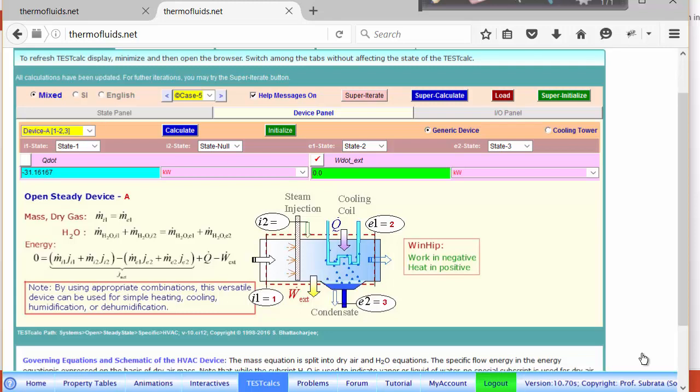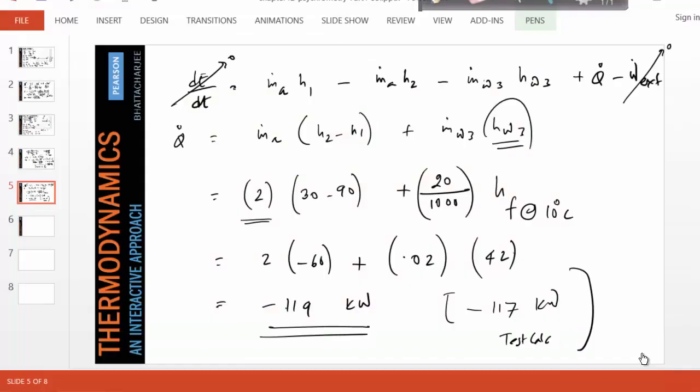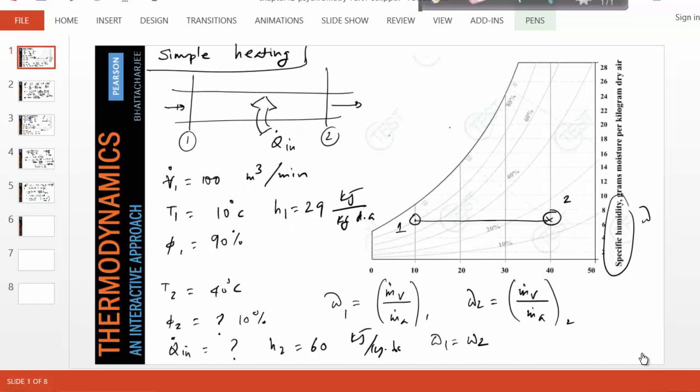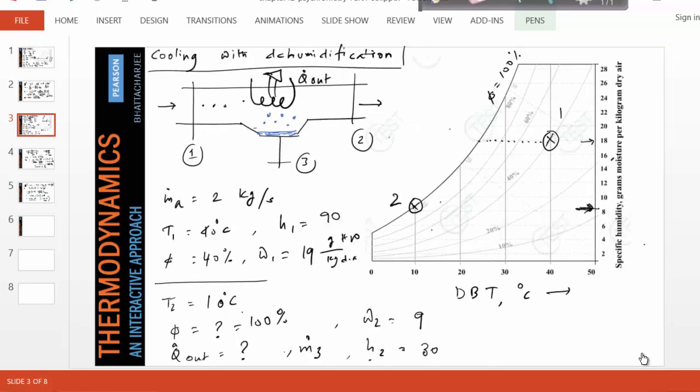So this problem just brings out the essence of a big part of air conditioning, that whenever there is cooling with dehumidification, you pay not only for cooling, but you pay more for dehumidification. So as you cool air, if you can live with cooling without changing omega, the cost is much less when compared to when you reduce omega, as in this problem.